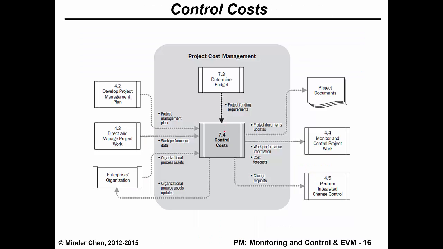To control the cost, we do need to have the budgetary information, and we do need data about the work performance and also the expenditure, the cost we have spent. Then we can control the cost and use it to help us monitor project work, and it's also part of the project documentation.